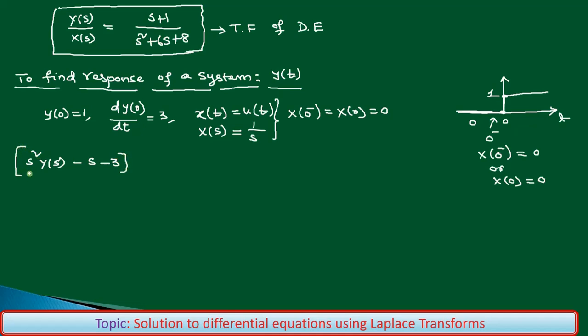So this is the first term, plus 6 into s y of s, and the initial condition is 1, y of 0 is equal to 1, plus 8 y of s equals s into x of s minus x of 0, its value is 0, plus x of s.